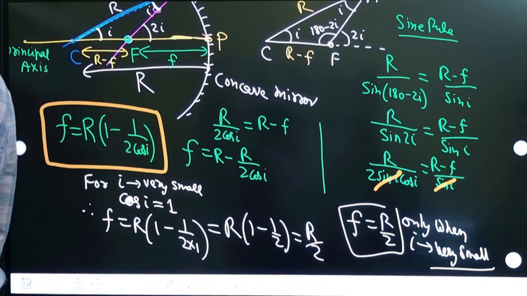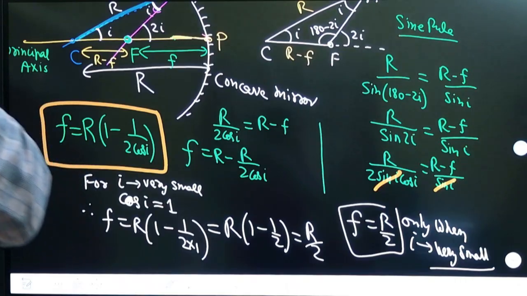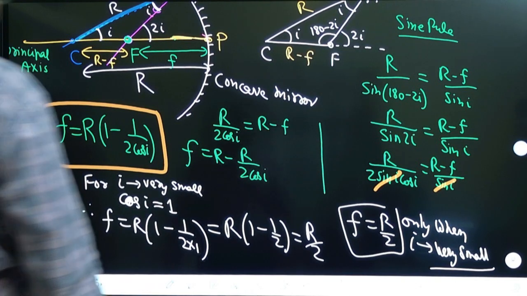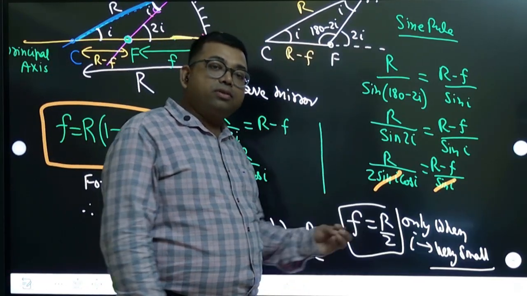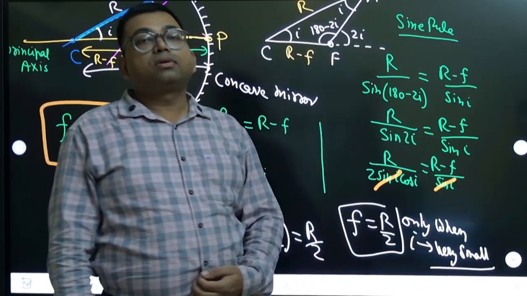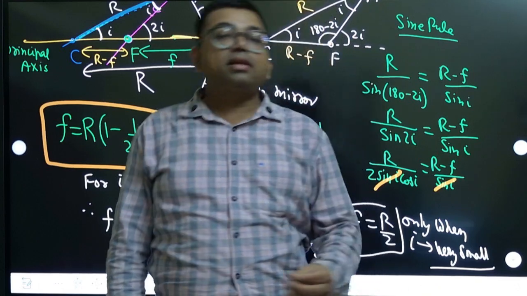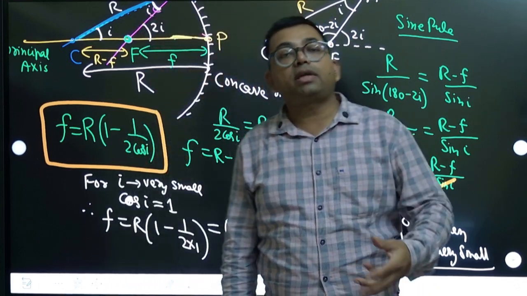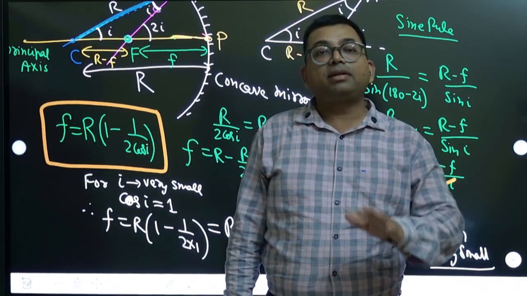The angle must be less than 5 degrees. If it is less than 5 degrees, then you can use it. 2 degrees, 3 degrees, the smaller the angle, the better the accuracy. You know what accuracy is? I will tell you what accuracy is.